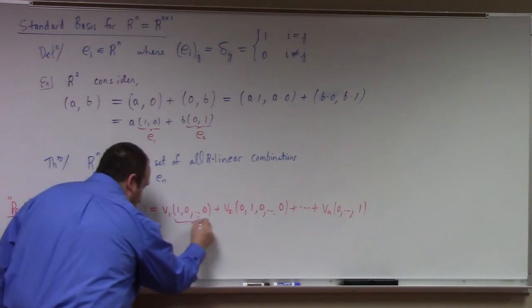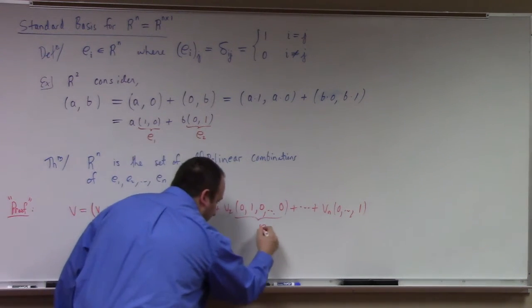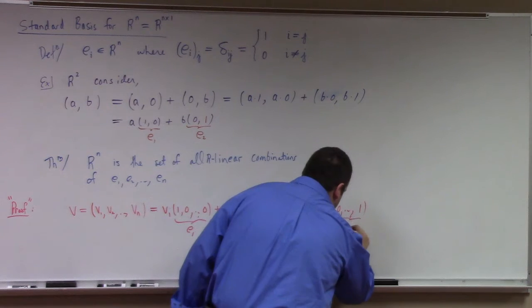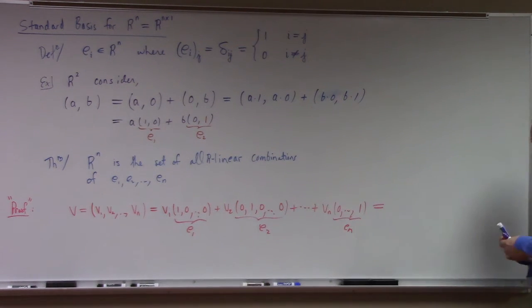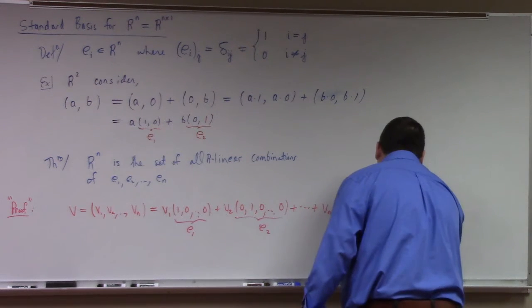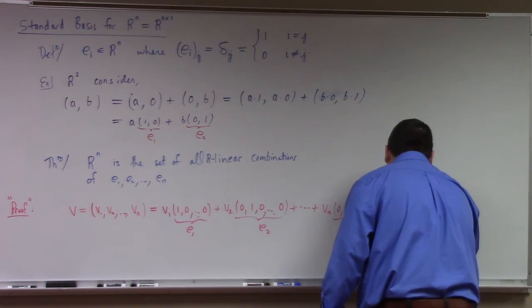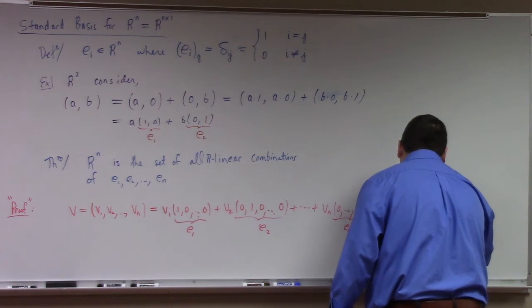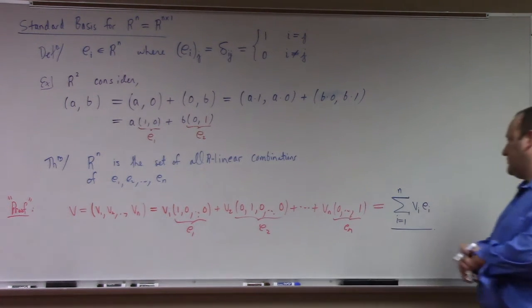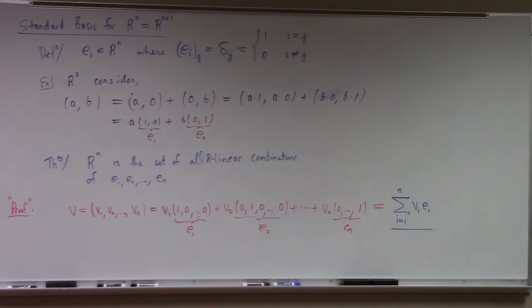This is, of course, E1, this is E2, this is En, and in summation notation, this is precisely the sum from i equals 1 to n of v sub i, E sub i. So we can build any n-vector as a linear combination of the standard basis.